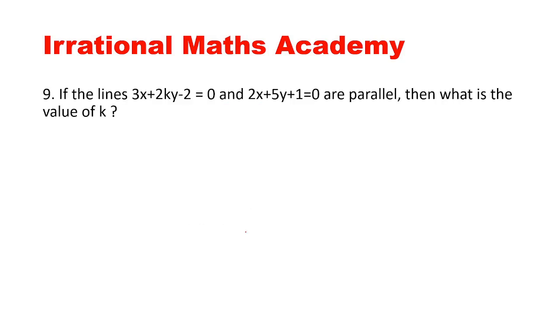Next. If the lines 3x plus 2ky minus 2 equal to 0 and 2x plus 5y plus 1 equal to 0 are parallel, then what is the value of k they are asking?